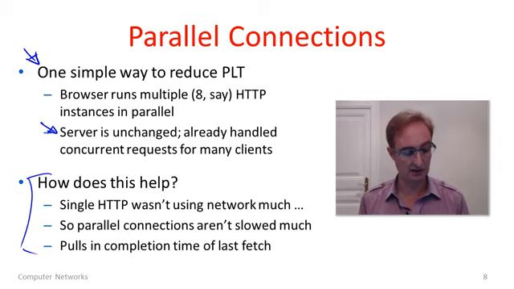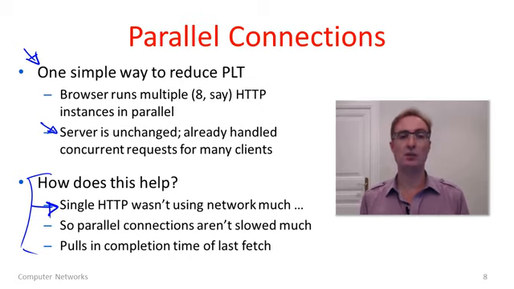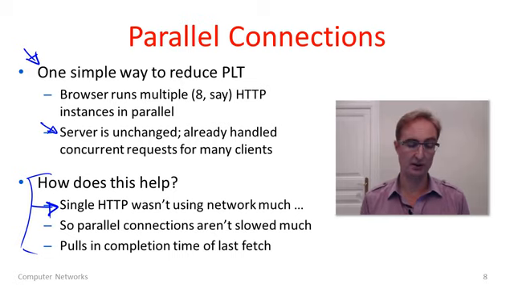But this is not the case, because the key observation here is that the single HTTP connection wasn't actually using all of the network that much. It wasn't using all of the bandwidth. That's why we had a lot of white on the figure before. During the connection phase, we're really just waiting around for the two ends to synchronize themselves. We're not limited by the network bandwidth.